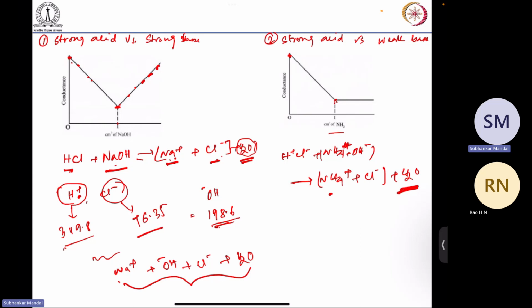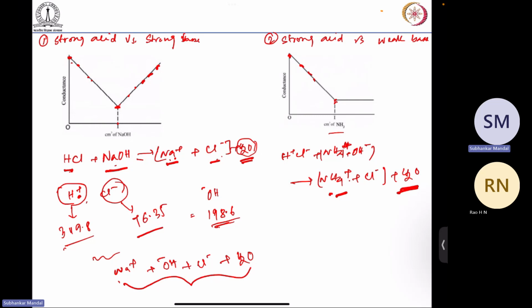The conductivity of NH4 plus is quite high compared to Na plus, because I have discussed why Na plus or lithium plus conductivity is low compared to potassium plus and NH4 plus: it is smaller in size and the hydration shell is quite bigger, so the movement is low. So as you are adding NH4 plus, the conductivity is decreasing.